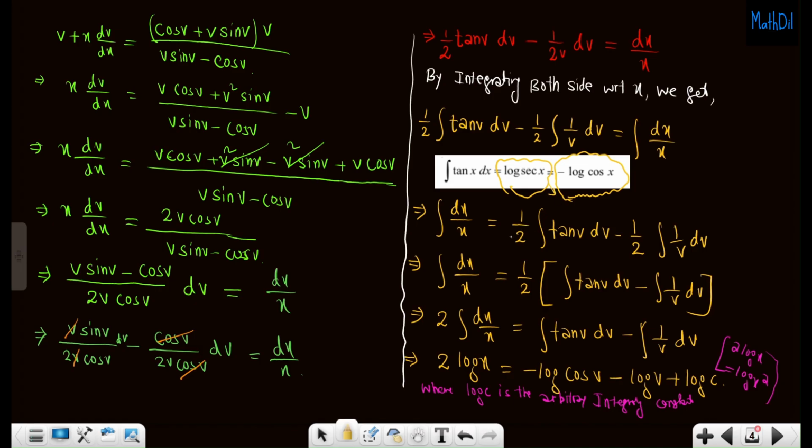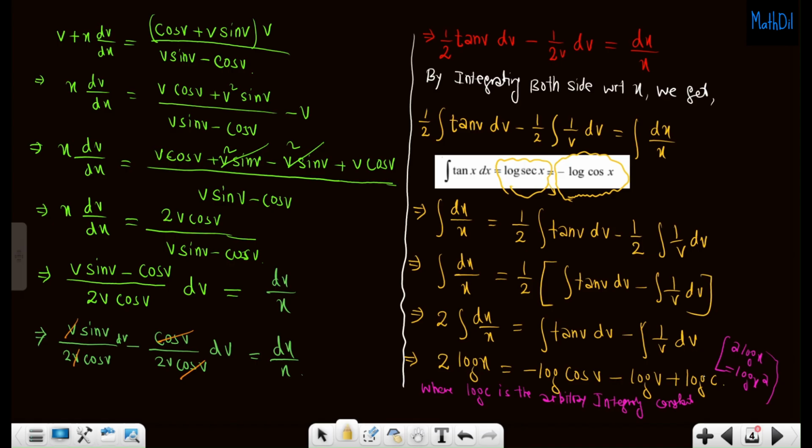And students, one more thing. In this case what I have done, this was our equation, and we took this to the left side and this to the right side. Then we added the integrating constant log c to the right hand side.